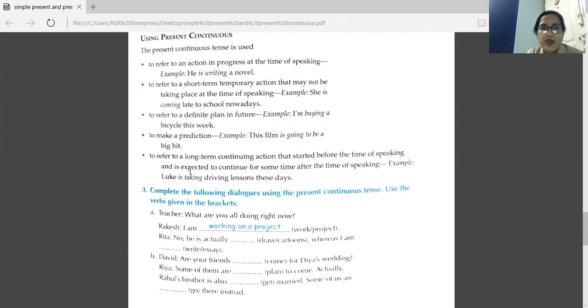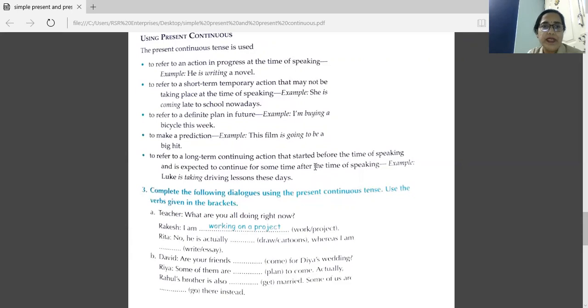Next one, to refer to a long-term continuing action that started before the time of speaking and is expected to continue for some time after the time of speaking. Started at some past time, at the time of speaking it's going on, and it's expected that it will continue for some time after the time of speaking also.